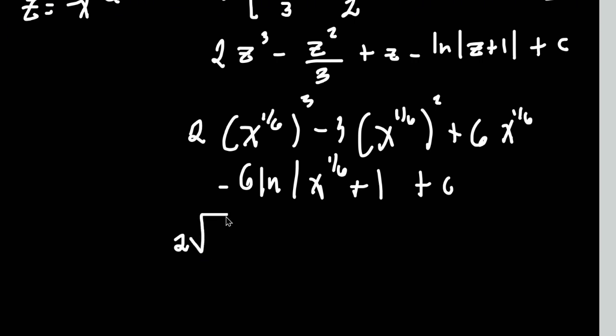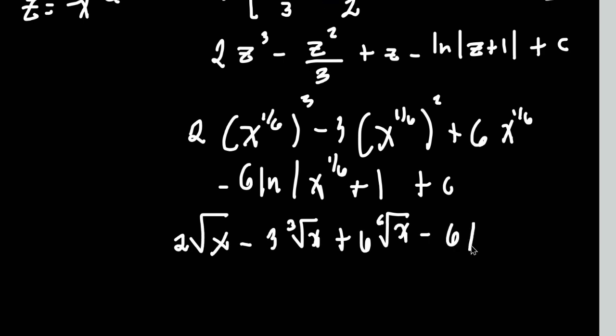That would be equal to 2 times the square root of x, minus 3 times the cube root of x, plus 6 times x raised to 1 over 6, minus 6 ln of the sixth root of x plus 1, plus c. And that would be the final answer.